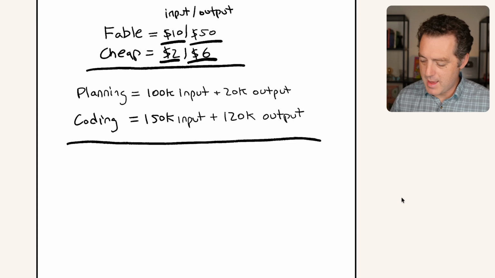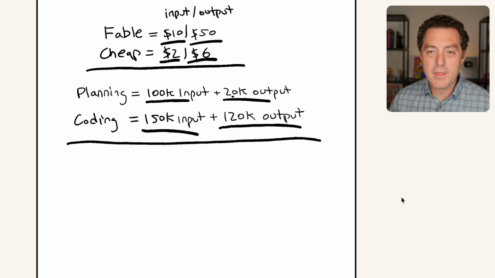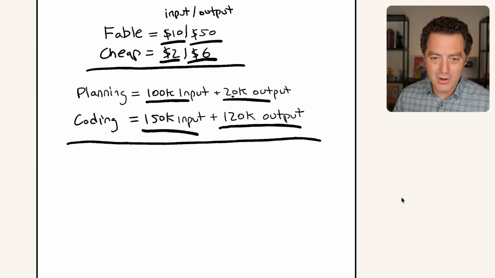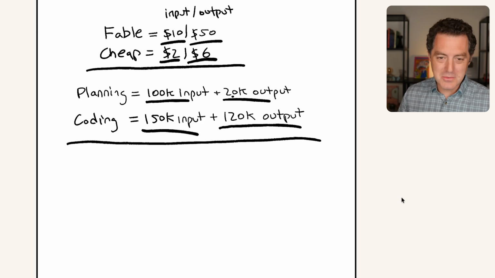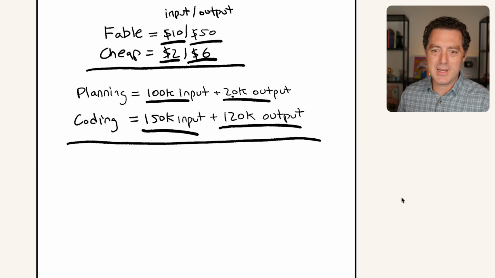All right, so let's go through the math. We have planning that is going to use 100,000 input tokens and 20,000 output tokens. Then we have coding, which is going to use 150,000 input tokens, but look at this, 120,000 output tokens, because it actually has to write all of that code. And yes, coding also uses more input tokens because it's reading code, it's writing code, it's doing everything.